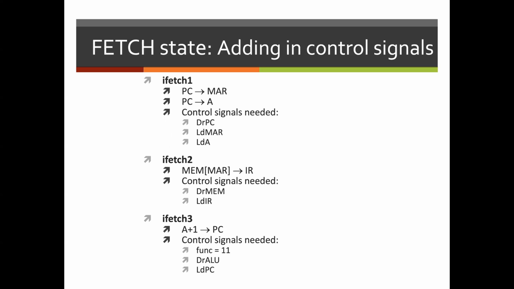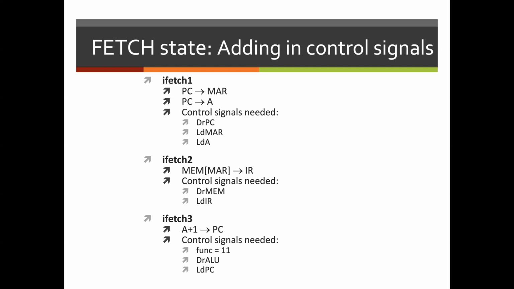And so what exactly is needed in order to add in all of the appropriate control signals for the IFETCH? For IFETCH1, we'll have appropriate control signals for the program counter, loading for the memory address register, and loading for our A register. For IFETCH2, we'll have control signals for memory as well as for the instruction register.